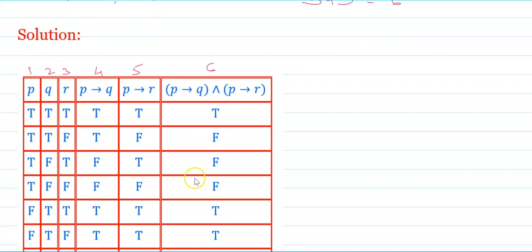There are three statements, therefore 2 raised to 3 equals 8, so 8 rows must be there. How do we take P? 4 times T, 4 times F. Q: double T, double F, double T, double F. R: T, F in this way.